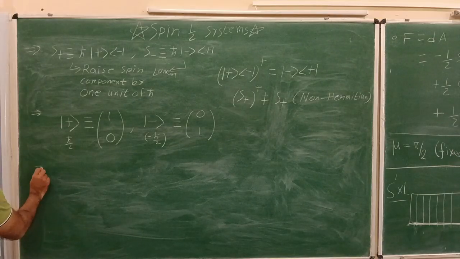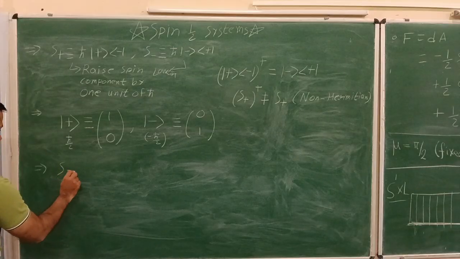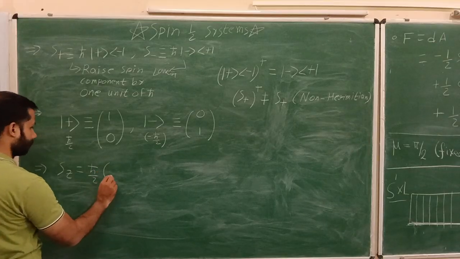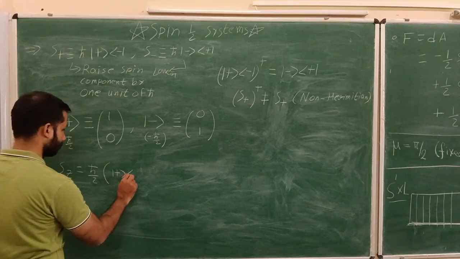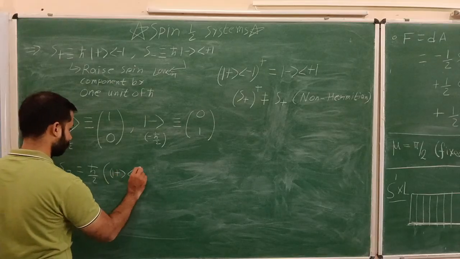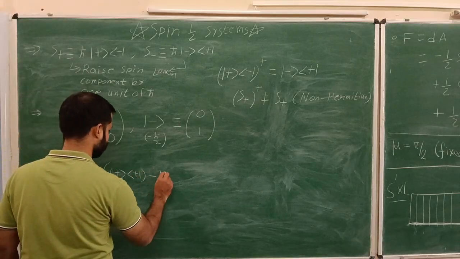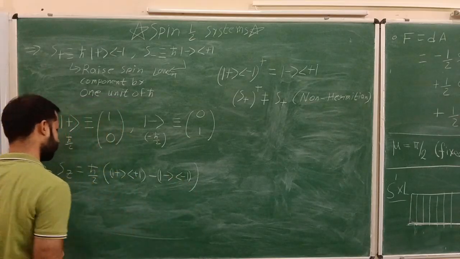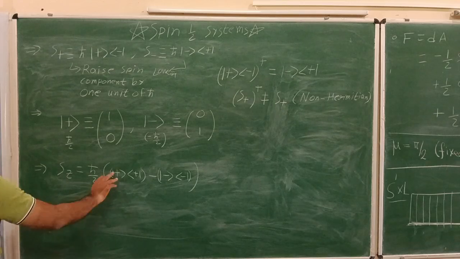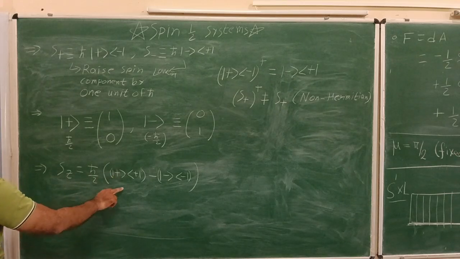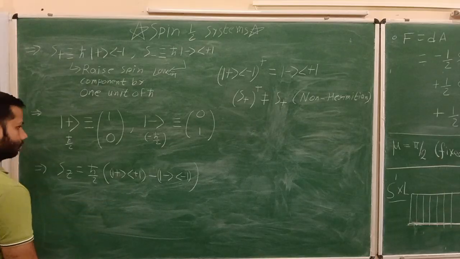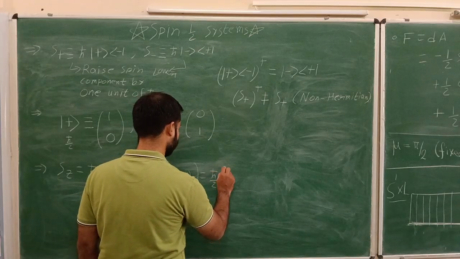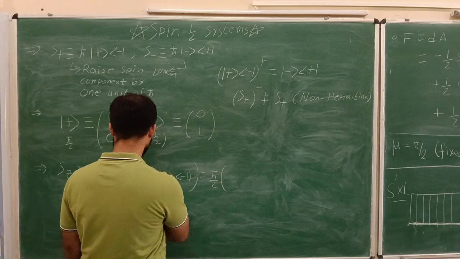So based on this, right? This is the outer product. So this will be a column. This will be a row. So we are going to write this. This is 1 0.